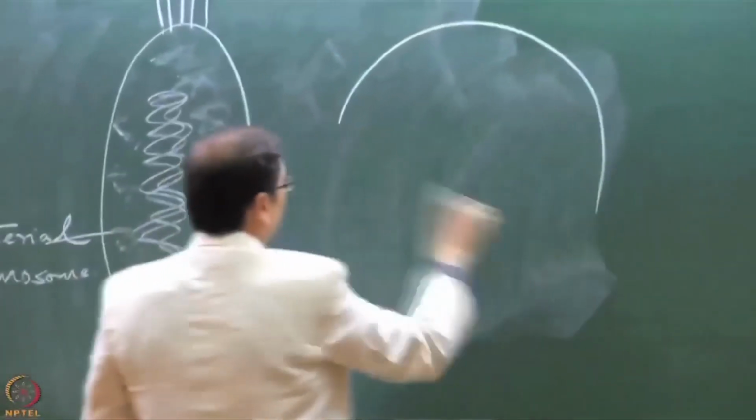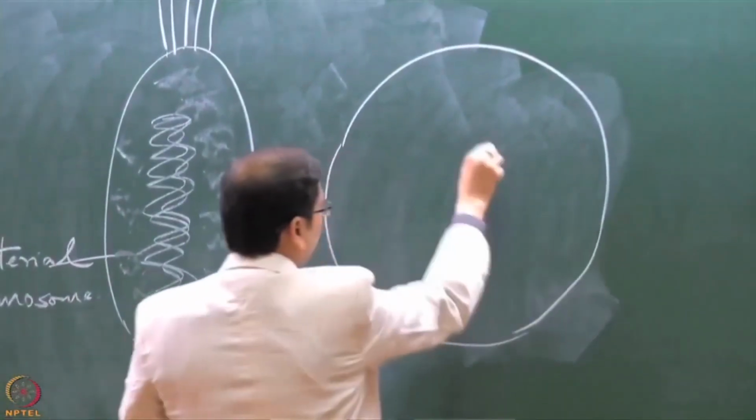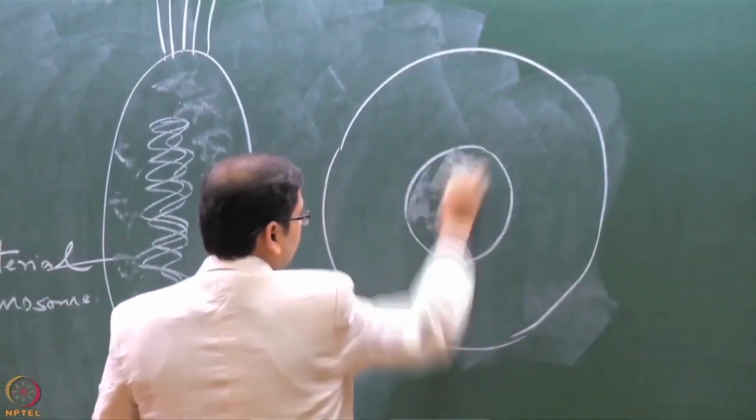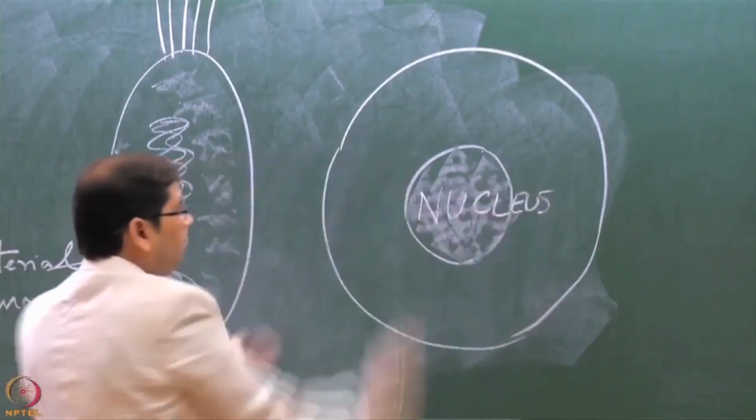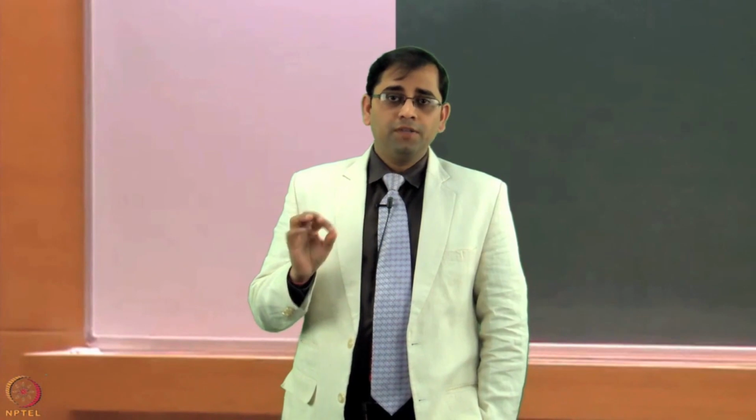On the other hand, in the eukaryote, the nuclear material is within a defined nuclear membrane. That is something which distinguishes the prokaryote from the eukaryote.